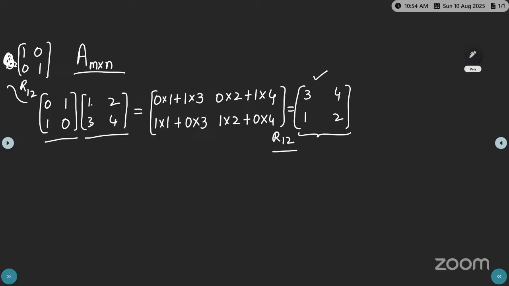Whatever is done here is what you get. Whatever transformation you have done, the same is obtained in the given matrix. That's enough. Next, 1, 2, 3, 4. Next result.